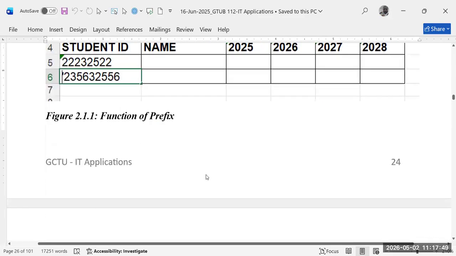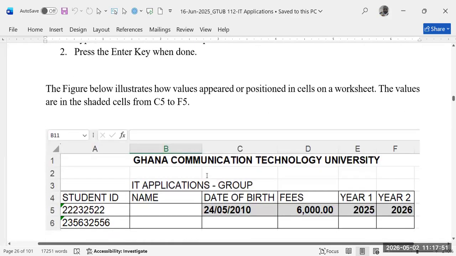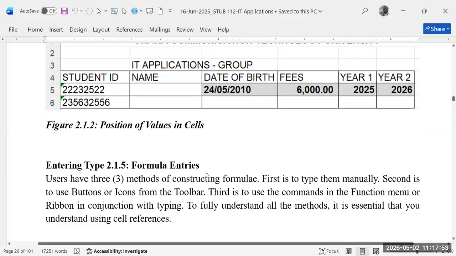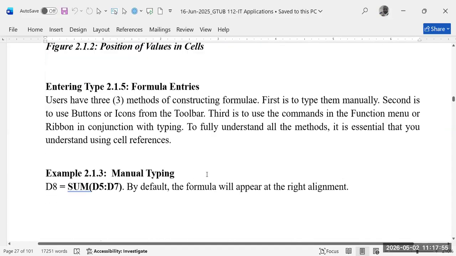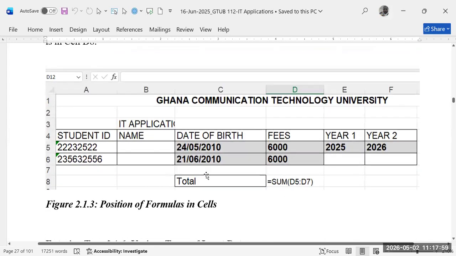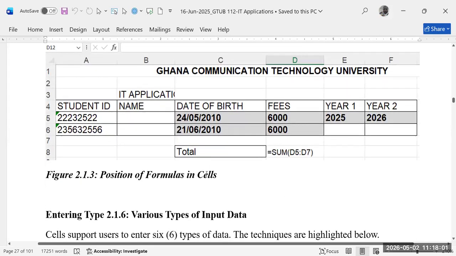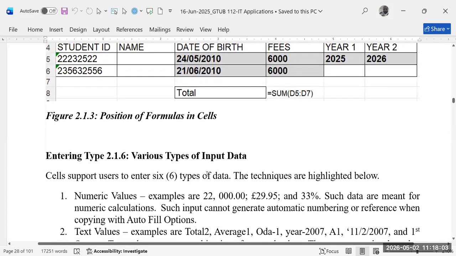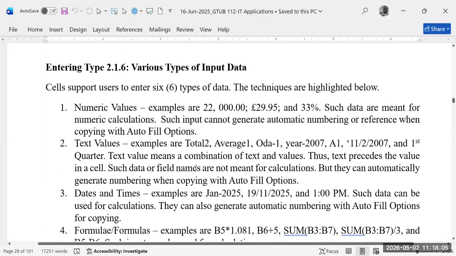And this is how it is here. These are the 6 different types of data you can see in a cell.